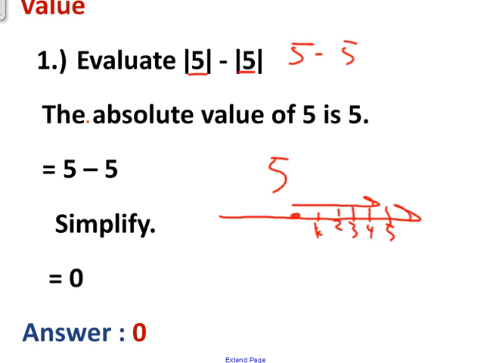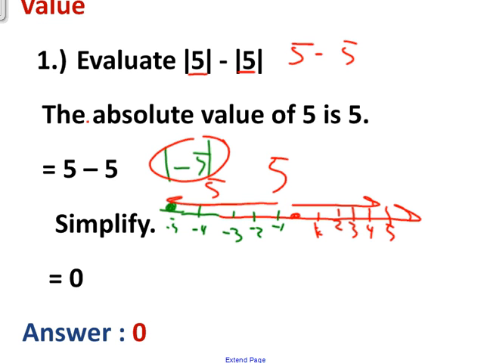If I look at the absolute value of negative 5, I find that number on the number line. It's minus 1, minus 2, minus 3, minus 4, minus 5, and it's right here. But the distance from 0 is 5 units. So the absolute value of negative 5 is also 5.